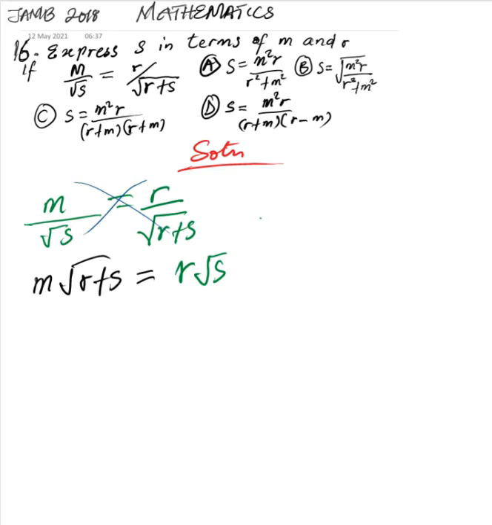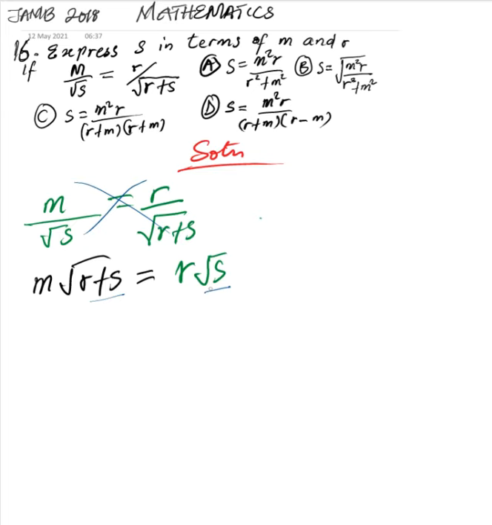At this juncture, we are going to square both sides because we have S here in square roots and S here in square roots. When we were talking about change of subject of formula, we said the only thing that can cancel a square root is a square.